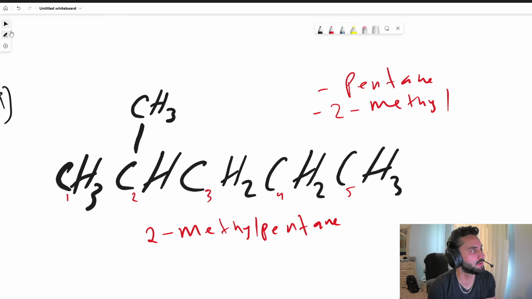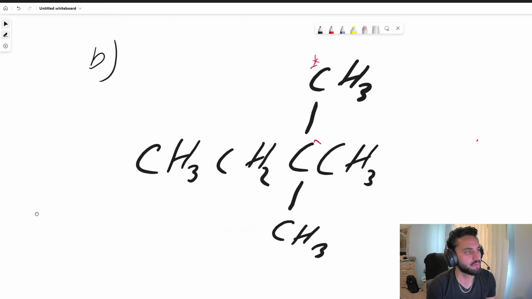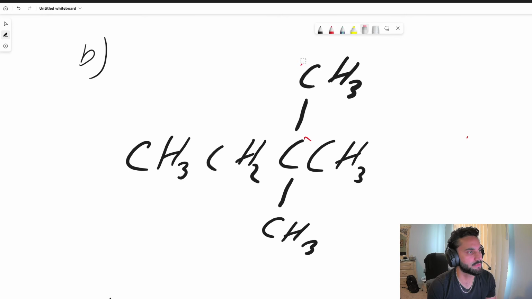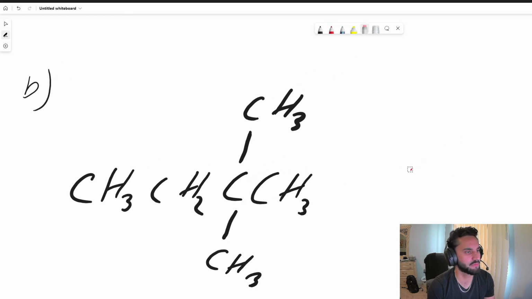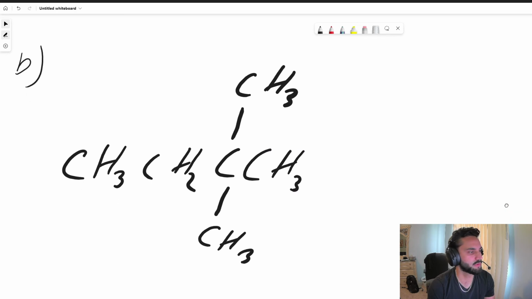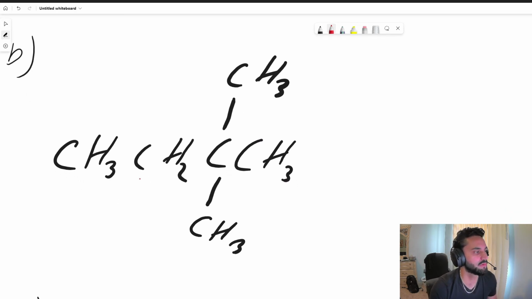All right, let's move on to the next. Let me erase this right here. Okay, if you were given a compound like this one, again, I would look for the longest carbon chain. Here I would go from right to left, because then these two groups will get the lowest numbers. So 1, 2, 3, 4.